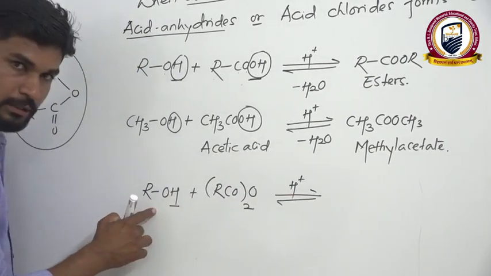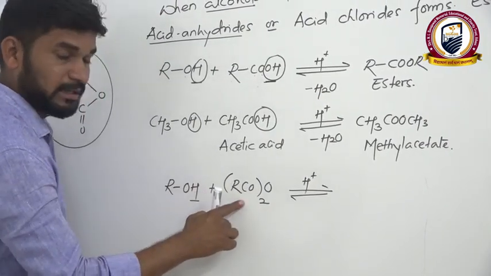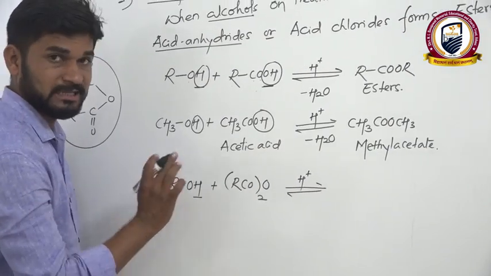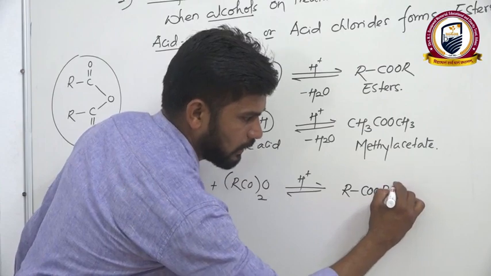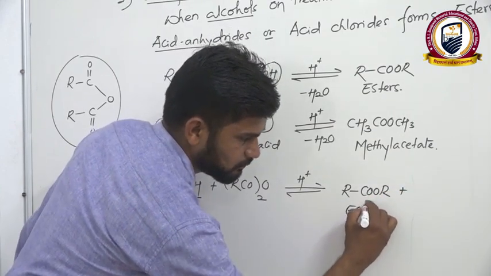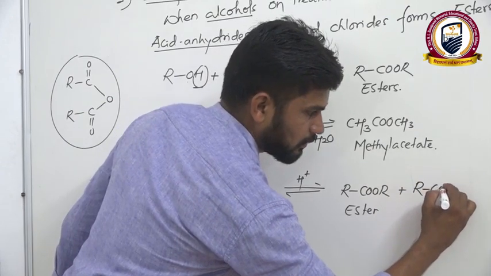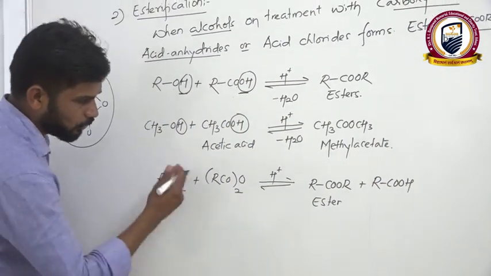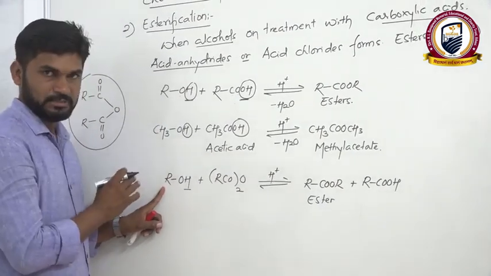Hydrogen from the alcohol and RCO from the anhydride are involved, and a carboxylic acid is eliminated with the formation of the ester RCOOR. The byproduct will be the corresponding carboxylic acid. You can take some examples, replacing this R group by any kind of alkyl group.